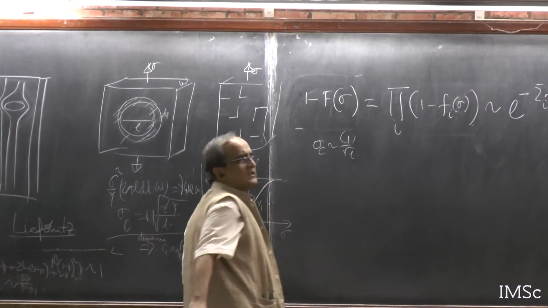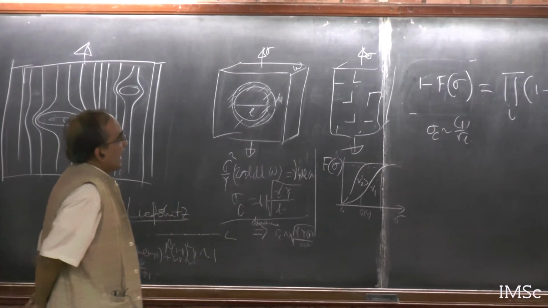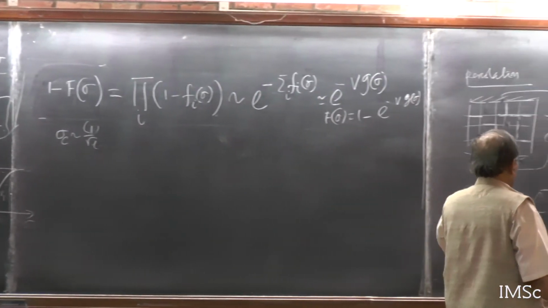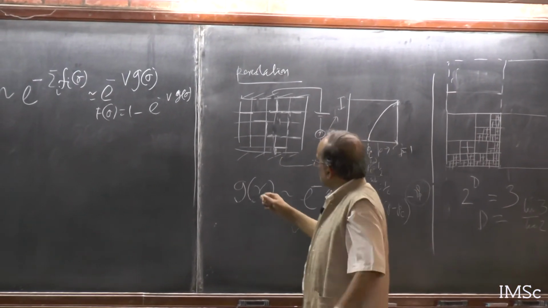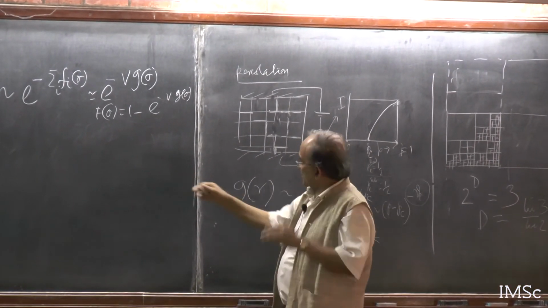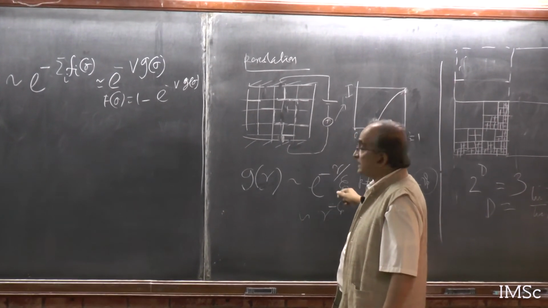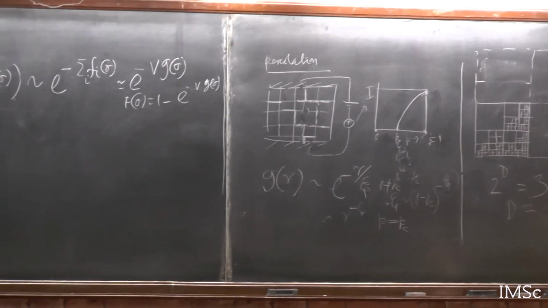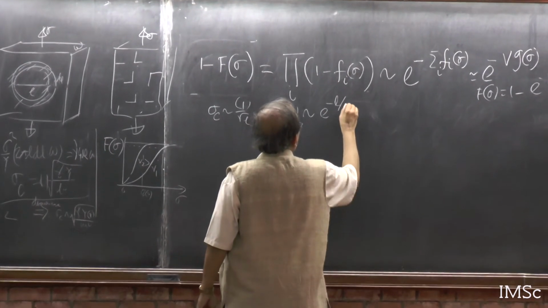There are some quantities which are, and percolation theory gives me that unless we are at PC, this is the form: the probability to get a defect of size L is e to the power minus L by xi. So G L is going as e to the power minus L by xi.